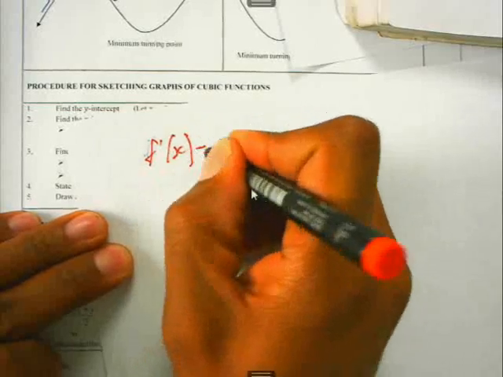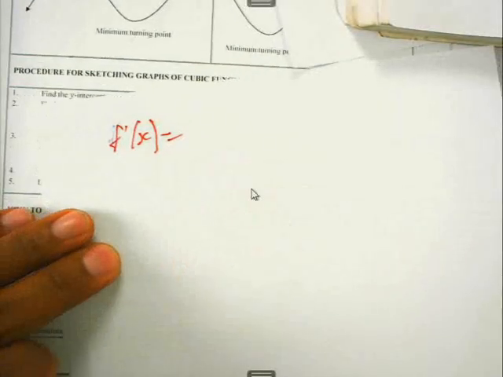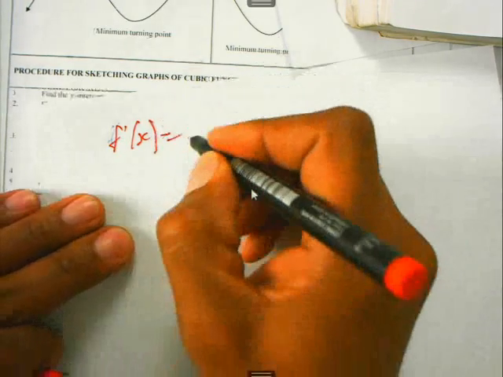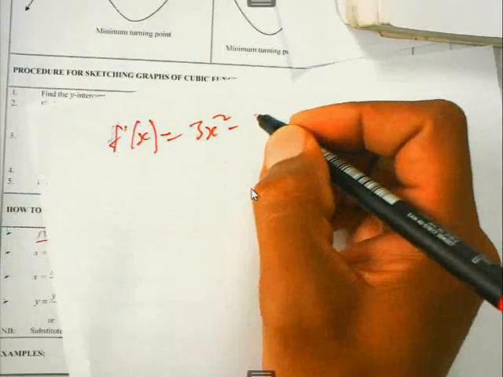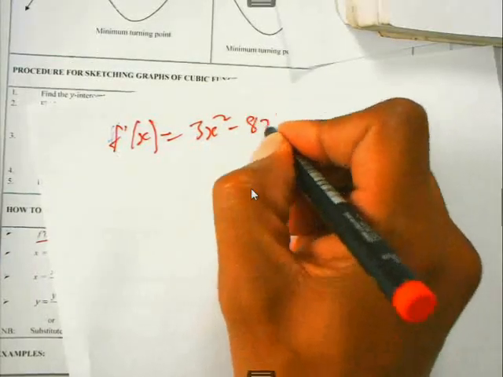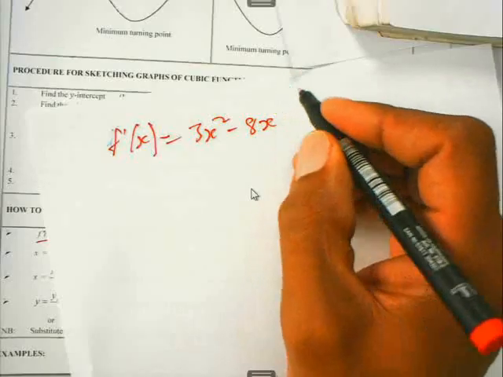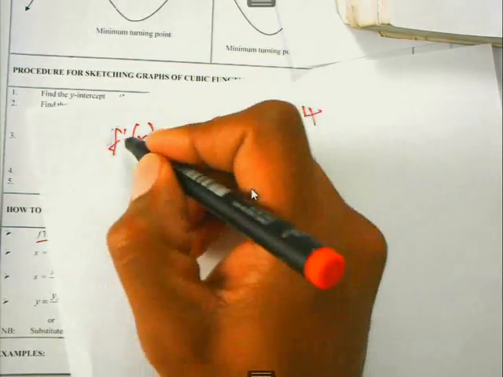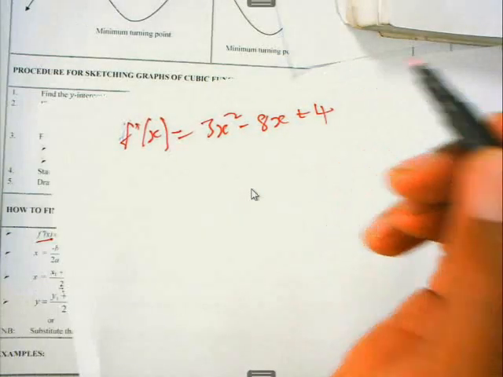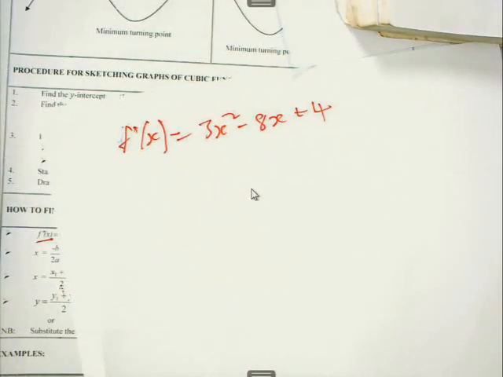It's very important to know that immediately when you have a quadratic function, you must know that it represents the derivative, right? It was what? It was 3x squared minus 8x, and then we have plus 4. Right. This was the derivative of the cubic function.